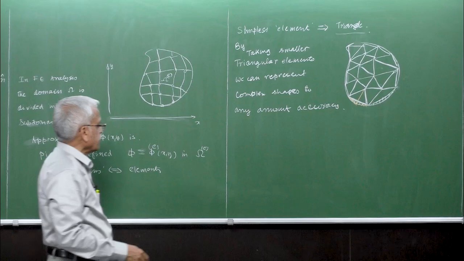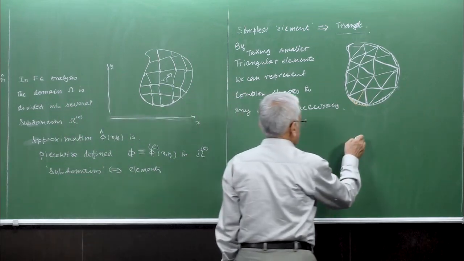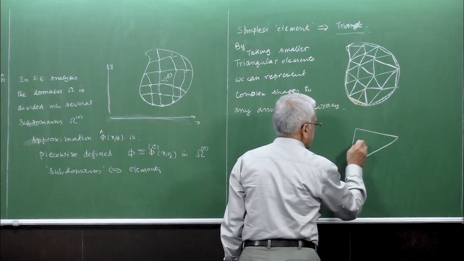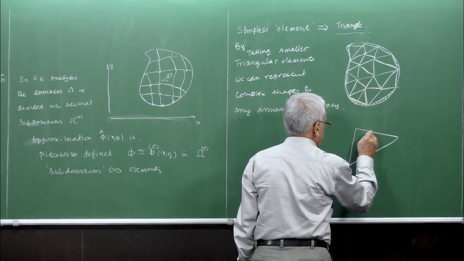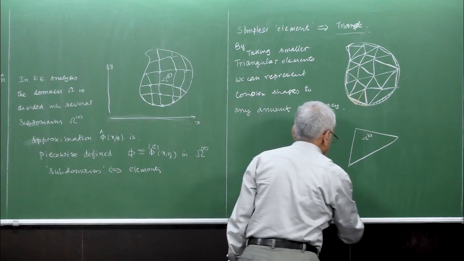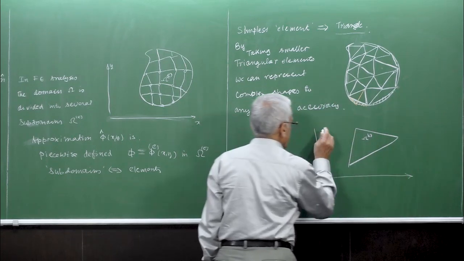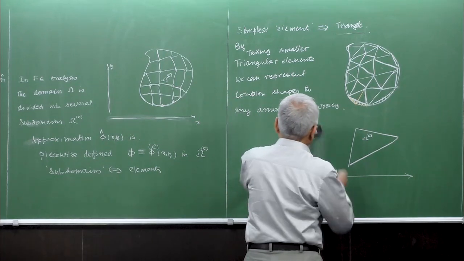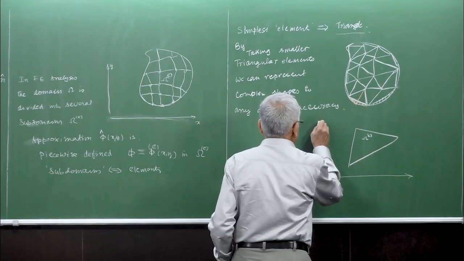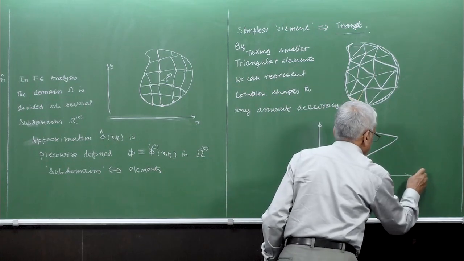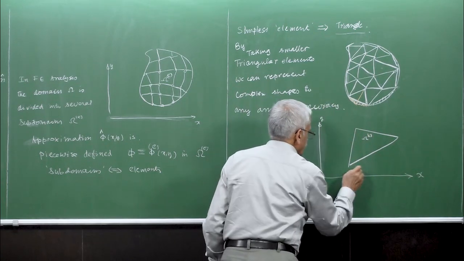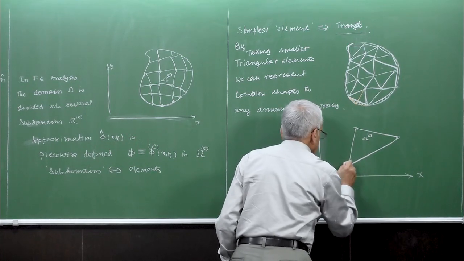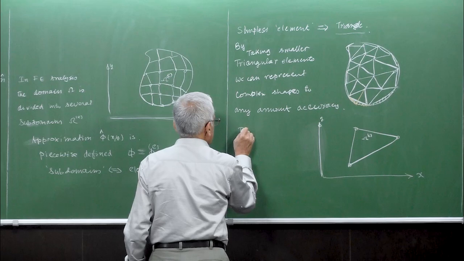So the triangular mesh now, that means that we have a general element like this one, omega E. So the general element has three nodes here.